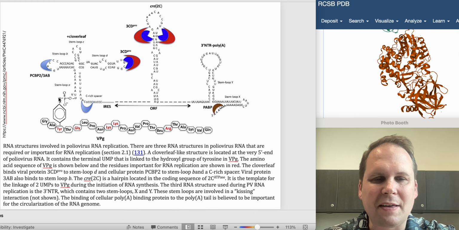The 3CD enzyme will add a U nucleotide, uridine, and it'll attach it via the phosphate to the hydroxyl group at the end of the tyrosine. So it's a weird way to do it. It's definitely not normal, but that's how we're going to generate the primer.